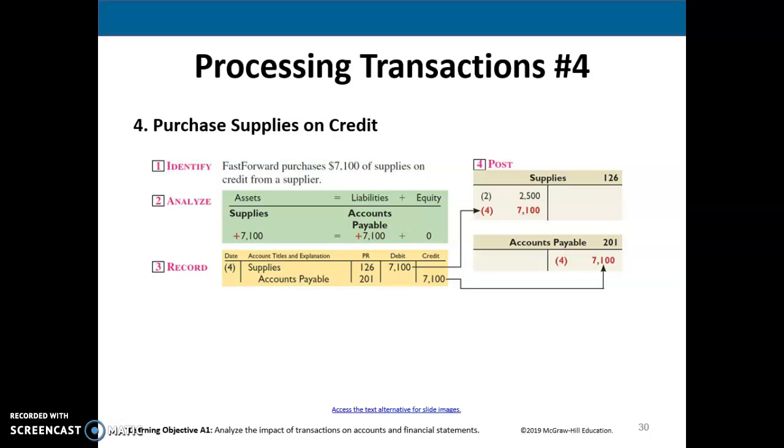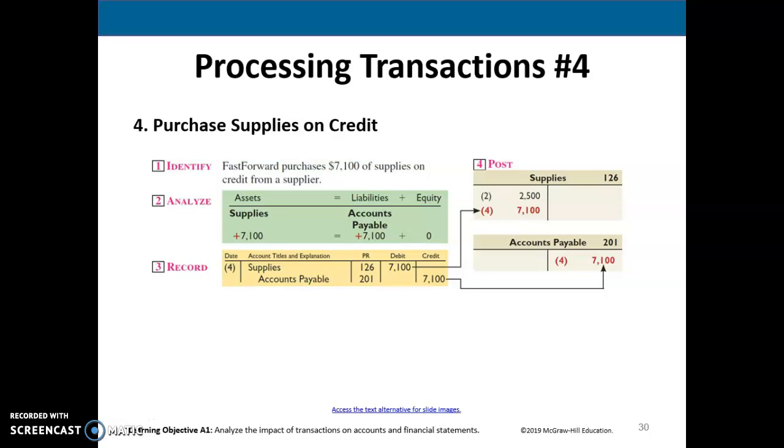We increase the supplies account with a debit and increase the liability account, accounts payable, with a credit. Then we're going to post the transaction. The ledger account for supplies is increased by $7,100, so that is placed on the debit side of the account, or the left side. The accounts payable account, a liability, increased by the same amount. We place it on the credit side of the general ledger.